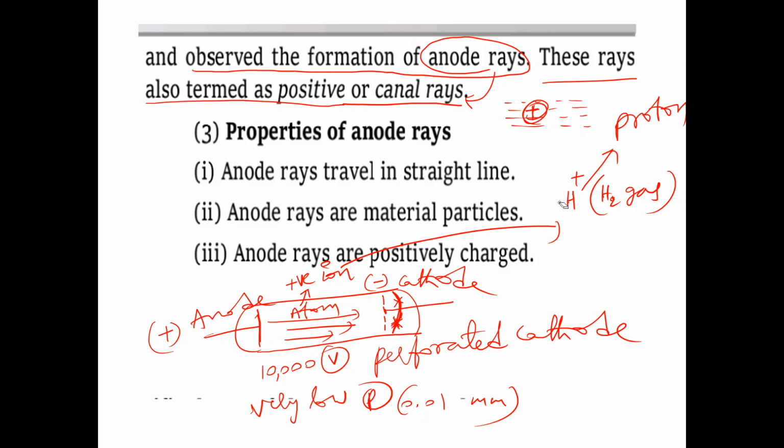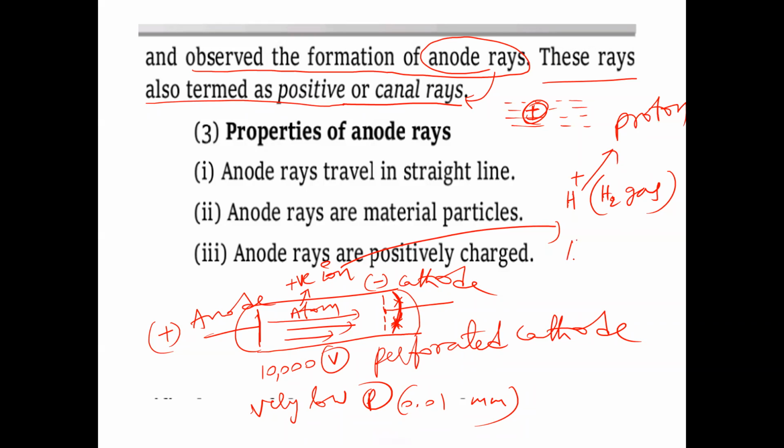So the protons will be the constituent particles in the discharge tube when we take hydrogen gas. The anode rays will consist of positive ions called H plus ions, which are nothing but protons. So protons will be the particles of anode rays if you take hydrogen gas in the discharge tube.